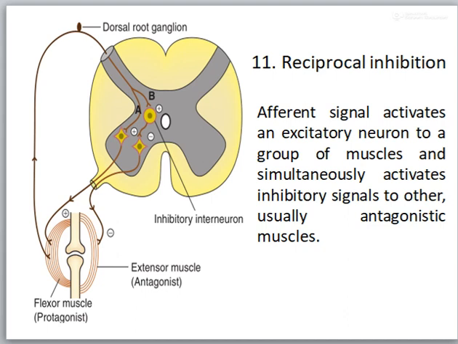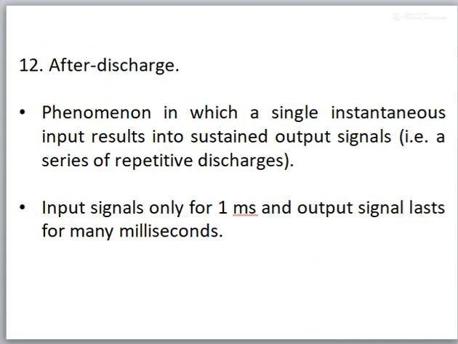For example, if we are flexing our joint, then afferent stimulation causes excitation of the neuron supplying the flexor muscle of the joint, and at the same time a branch of the afferent fiber excites an inhibitory interneuron. It means one branch supplies the agonist muscle and another inhibitory impulse goes to the antagonistic muscle. This is called reciprocal inhibition.